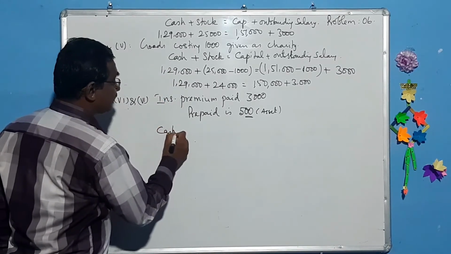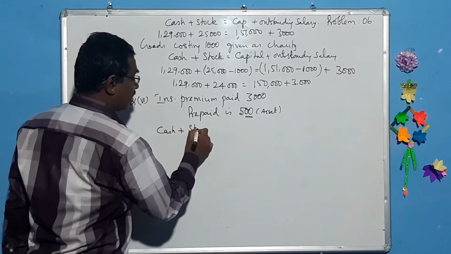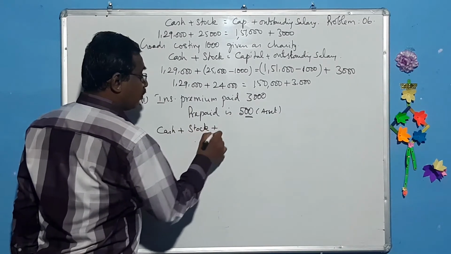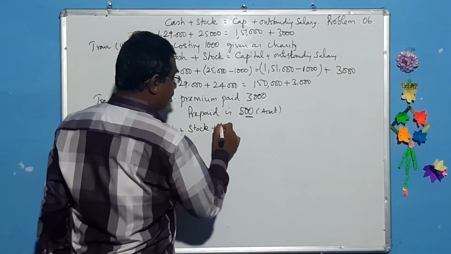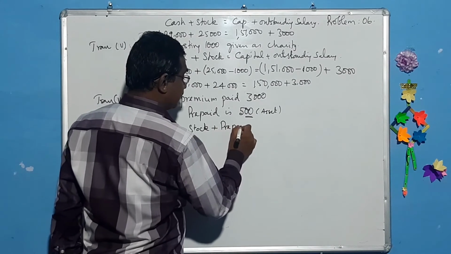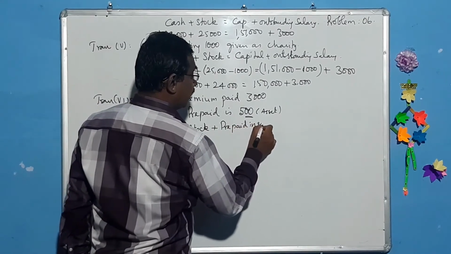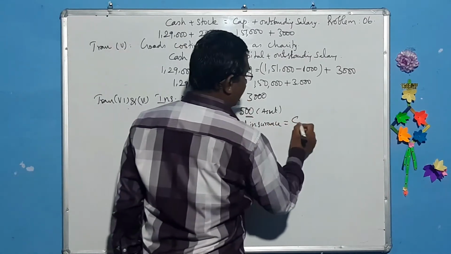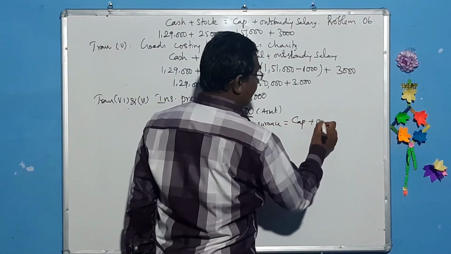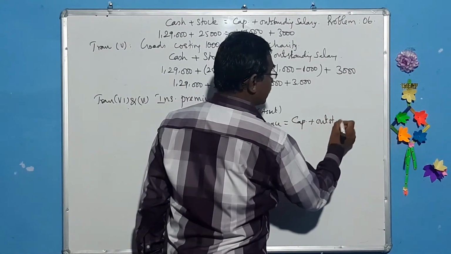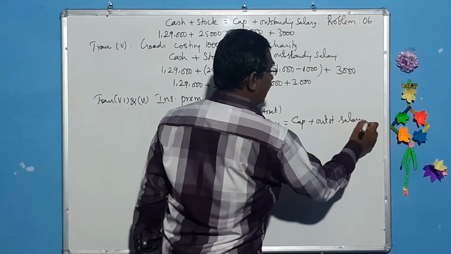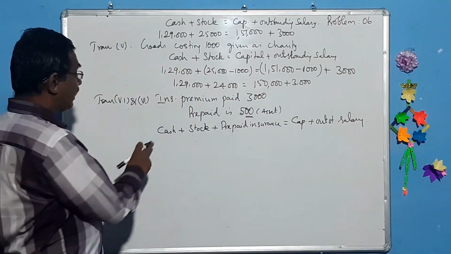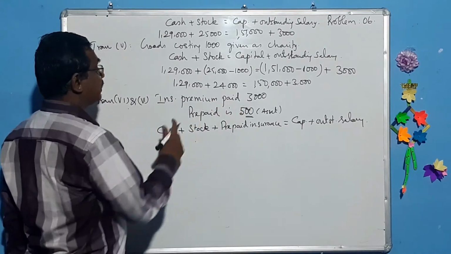Items: cash plus stock. Now we have got one more item, that is called prepaid insurance, is equal to capital plus outstanding salary. Now let us write the amount. From cash we have taken 3,000.